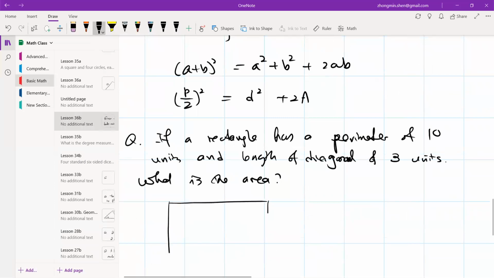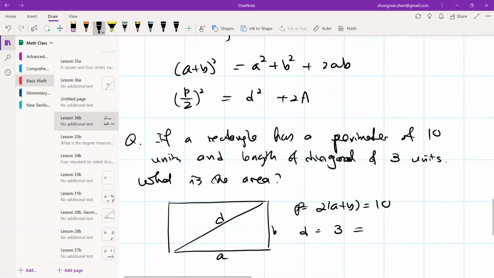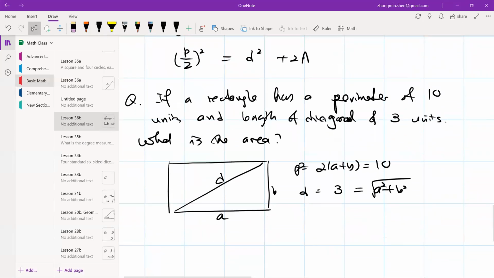So you draw the rectangle. Suppose you don't know the formula. Here's A and B, so 2 times A plus B is going to be 10. That's the perimeter. We also know the length of the diagonal D is 3, D is the square root of A squared plus B squared.